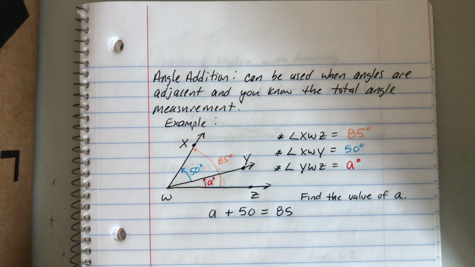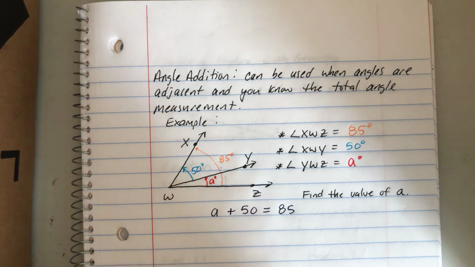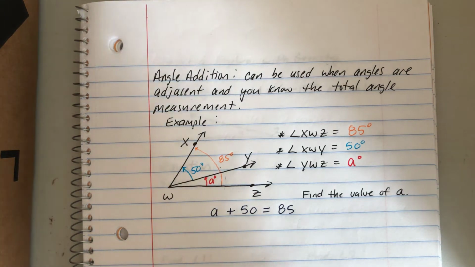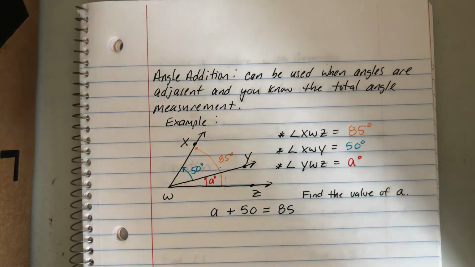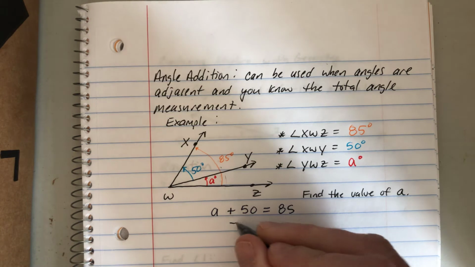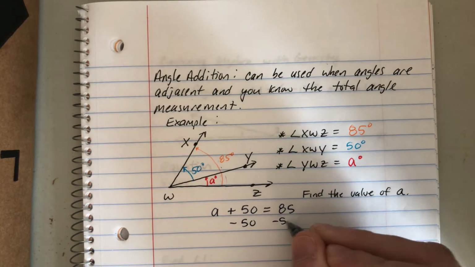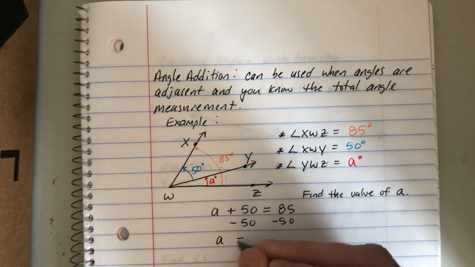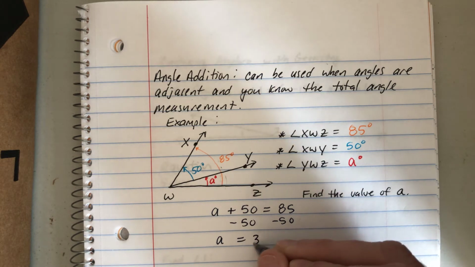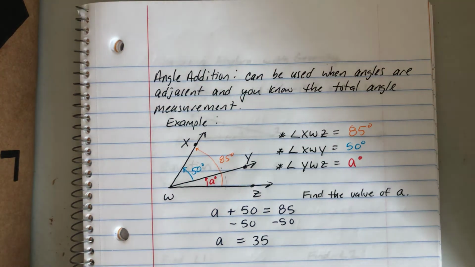So that's using angle addition. You can add two angles that are adjacent to each other to equal the whole angle. So we set up this equation. Now we can subtract 50, keeping it balanced, we get A is equal to 35. So that measurement is 35.